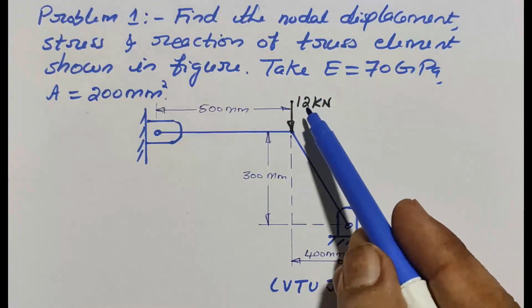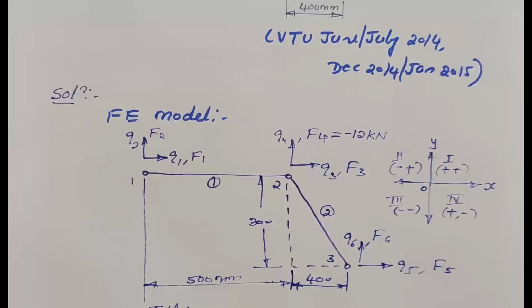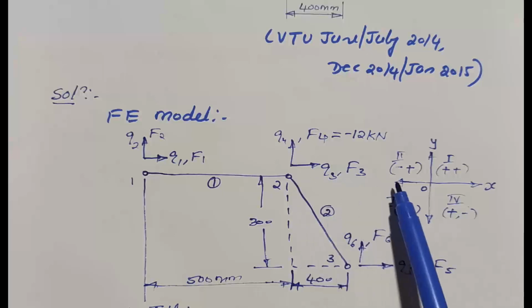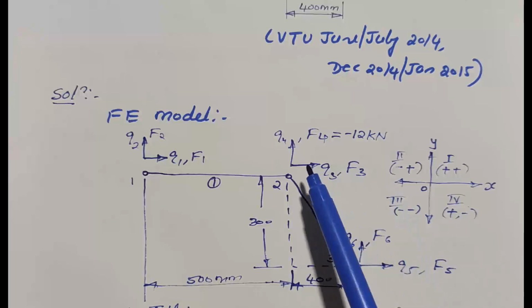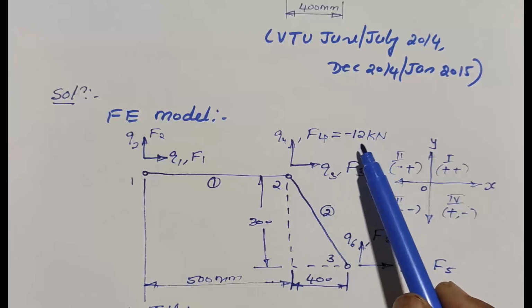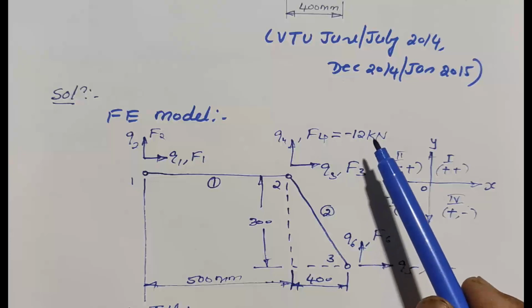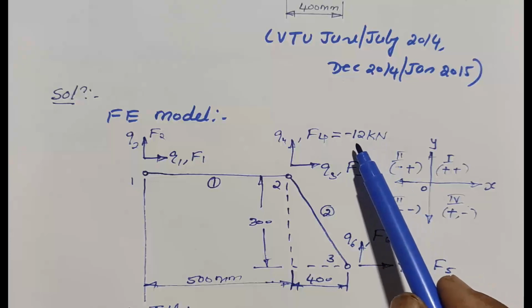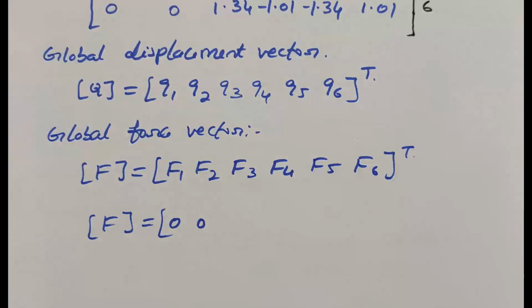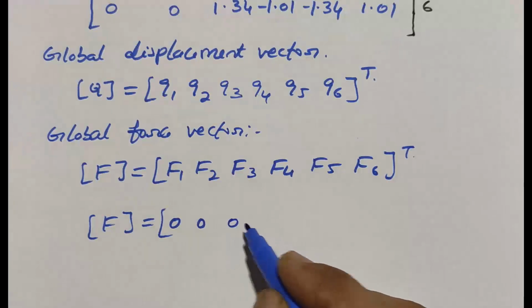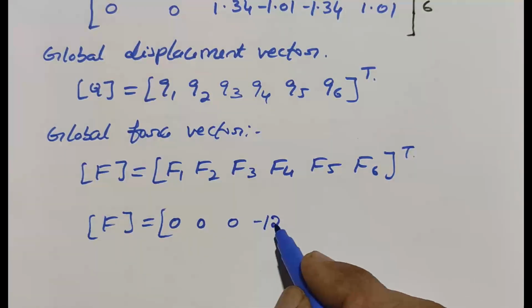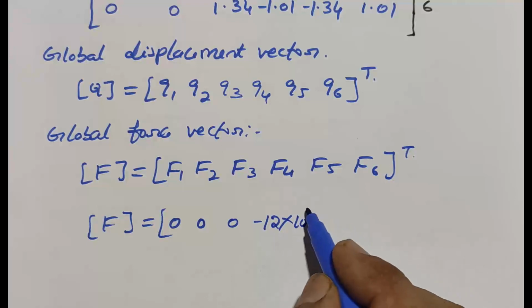That's why I have to take it as minus 12 kilonewton. F3 is 0, F4 is minus 12 kilonewton because it is acting downward, 12 into 10 power 3.